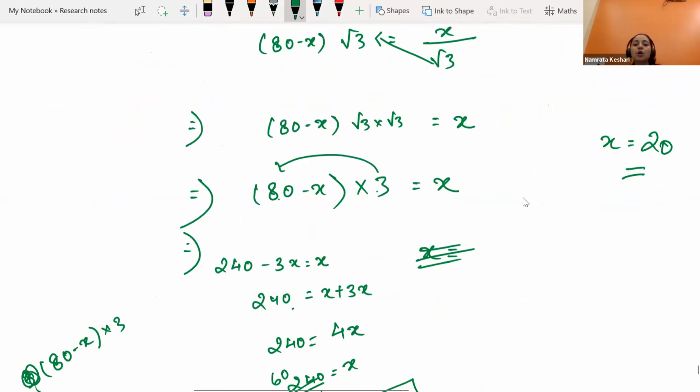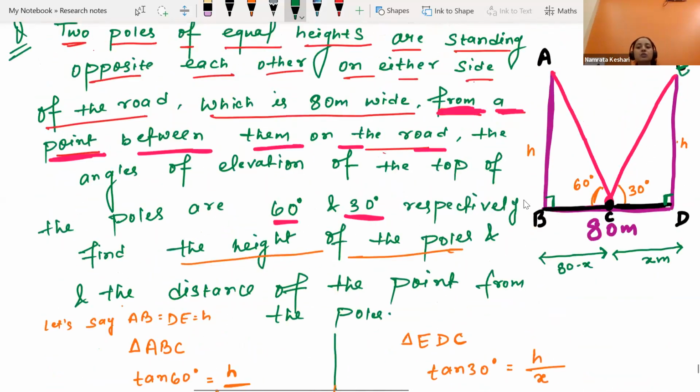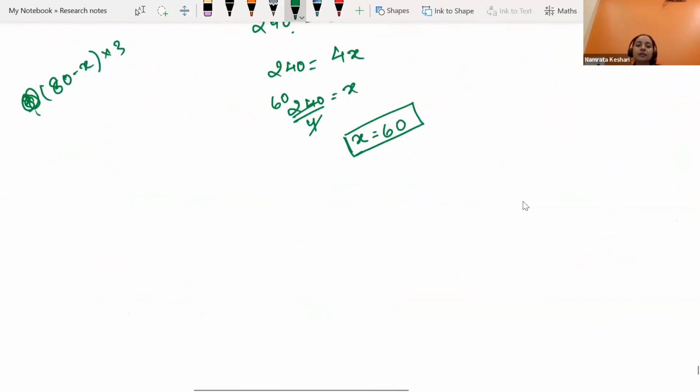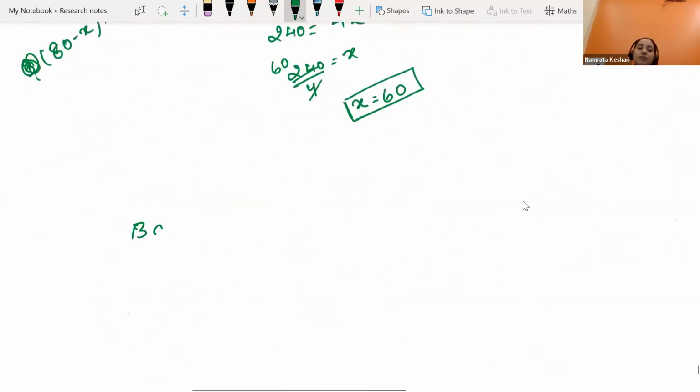The x value we already know. CD is just x, that is 60 meter.